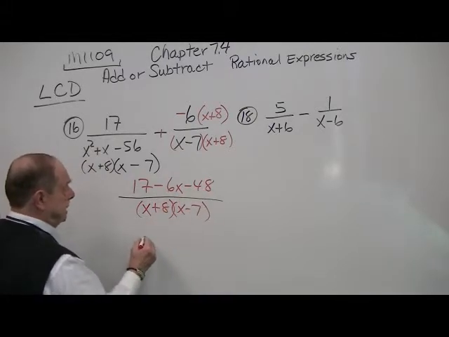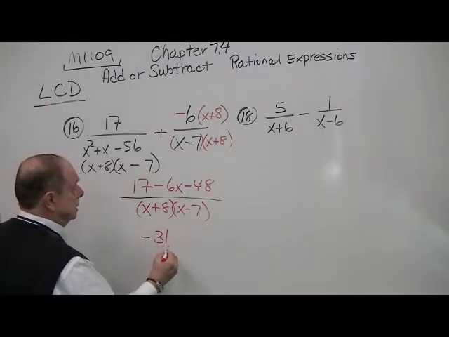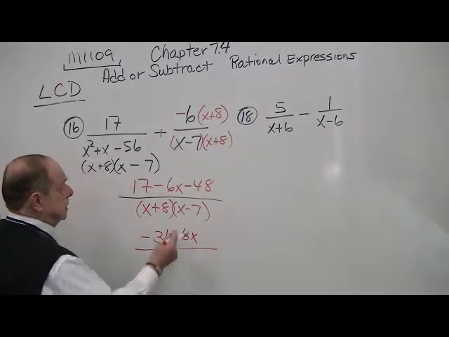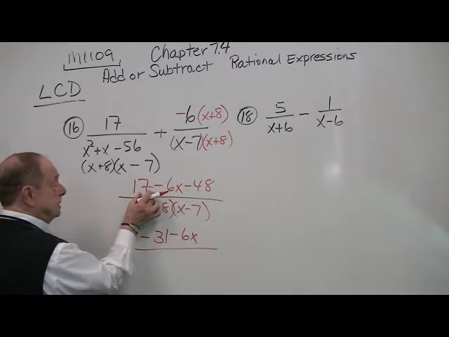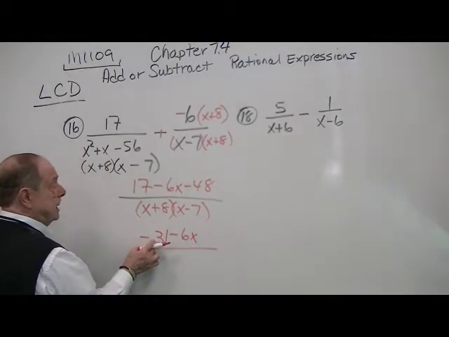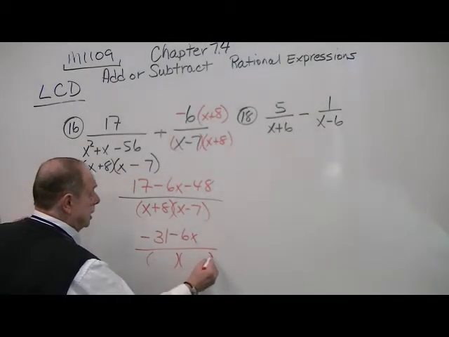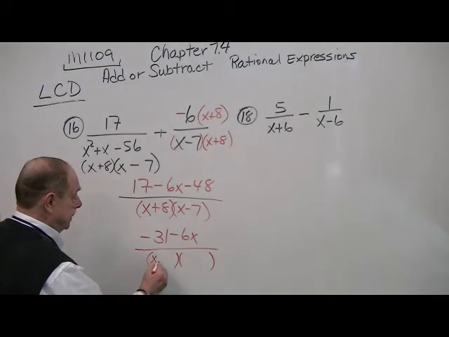This is going to be a negative 31 minus 6x, a negative 48 and a positive 17, negative 31, negative 6x, all over our common denominator.